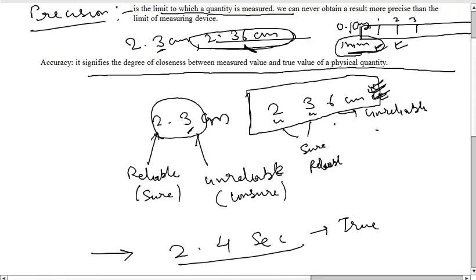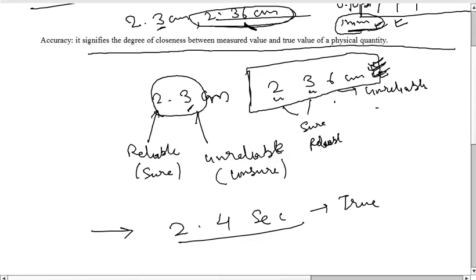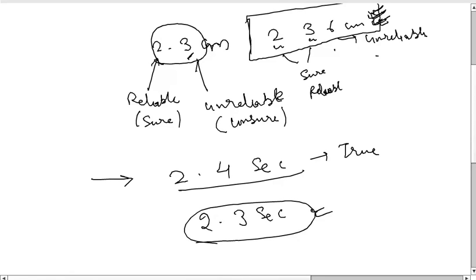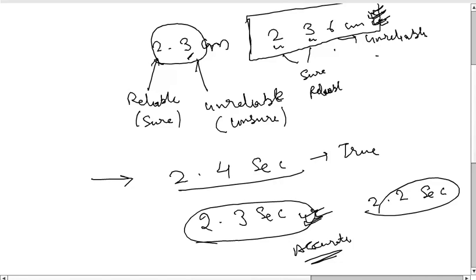Now, some student does an experiment and measures the value of this time period as 2.3 seconds, and another student measures 2.2 seconds. Then we will say 2.3 seconds is more accurate, because it is closer to the true value.